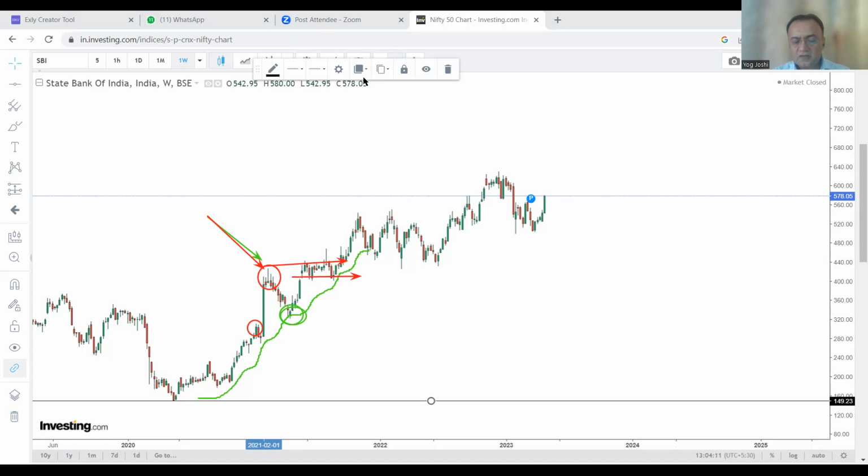So this is the resistance area. This is known as a distribution zone. This is known as a supply zone.